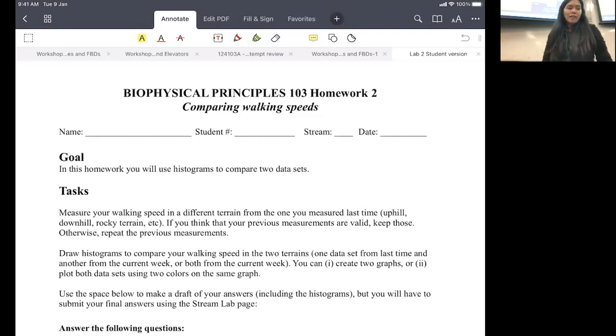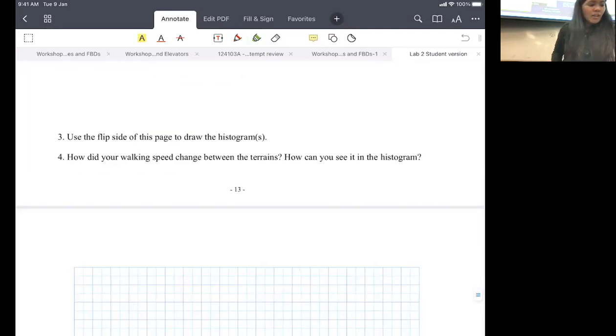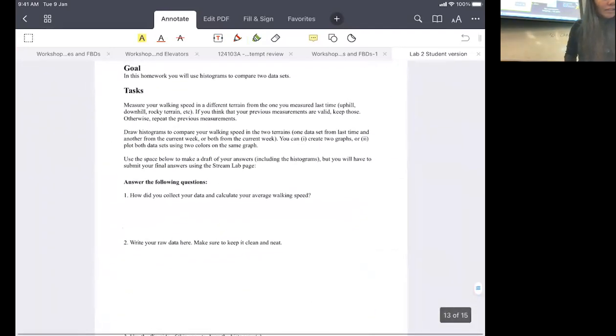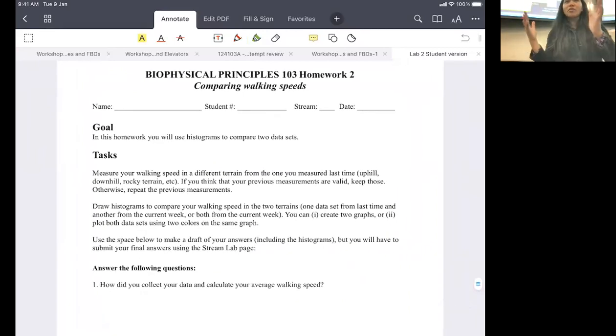So that's a difference of about 0.1 meters per second, and you can say your range of values is within that. For the second lab, it's still the same thing, except that we ask you to make a graph of the speed and the frequency with which you have a particular speed. You can go over the task, and the video on stream is really very good. It guides you through the task.